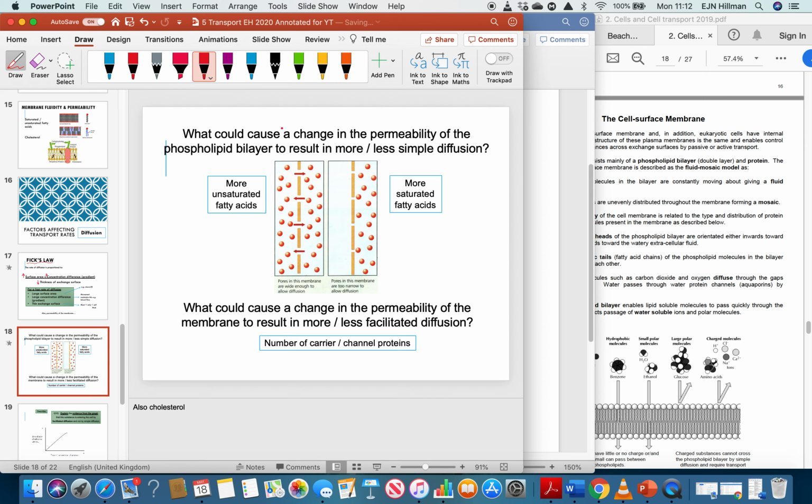Other things that might have an influence, things that might change the permeability of the phospholipid bilayer, allowing more or less simple diffusion. So unsaturated fatty acids have fatty acids that are more kinked.